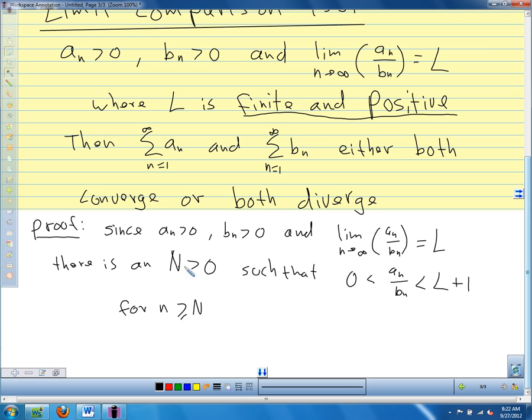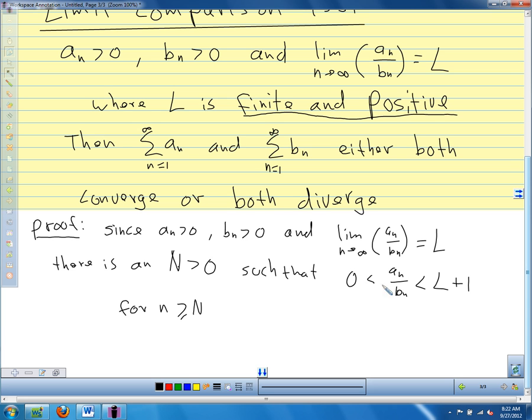If we take our terms out far enough, we get that this ratio is less than L plus 1.